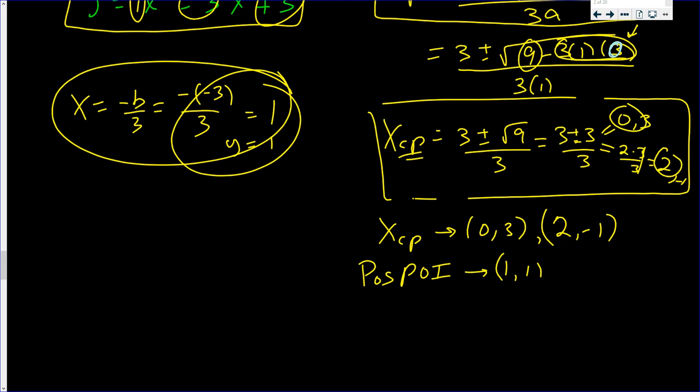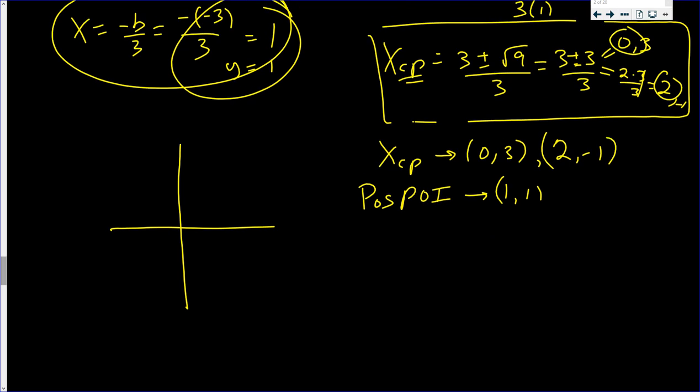Now, for the record, every cubic equation has a point of inflection. But now, let's graph this. So we have the point (0, 3). We have the point (2, -1). And we have the point (1, 1). Now, all cubics either go like this or they go like that.